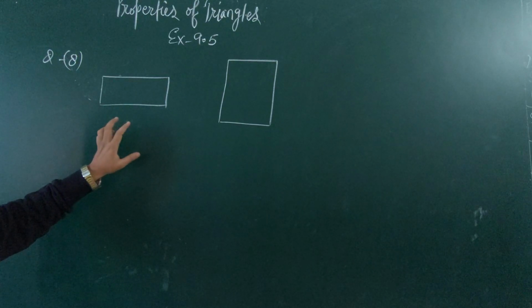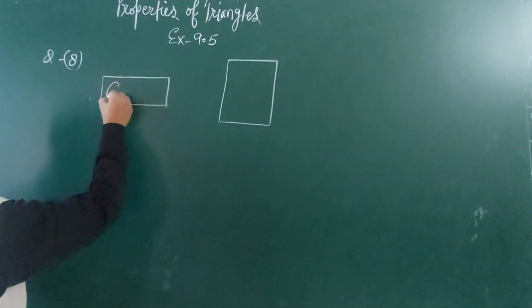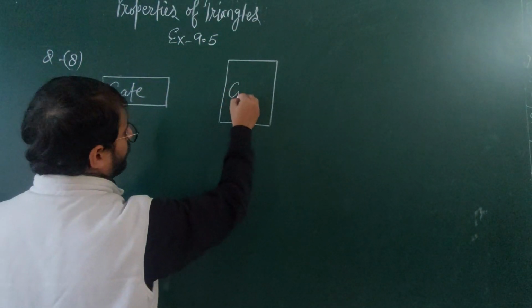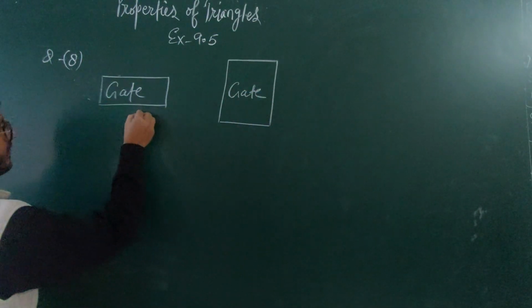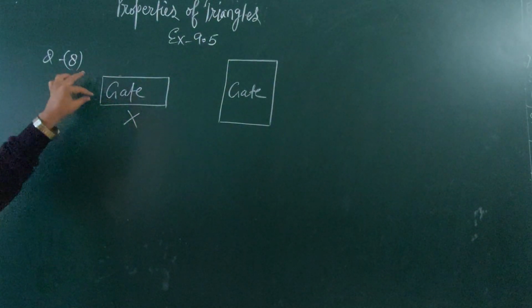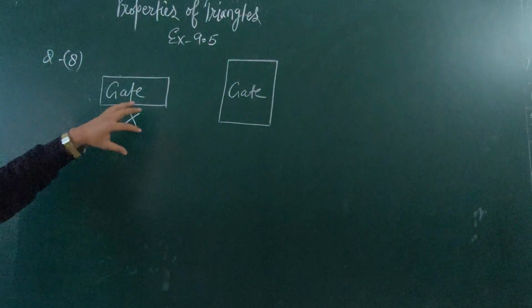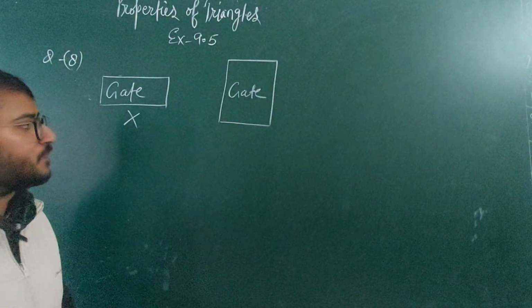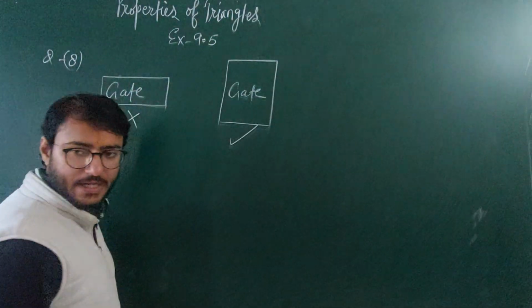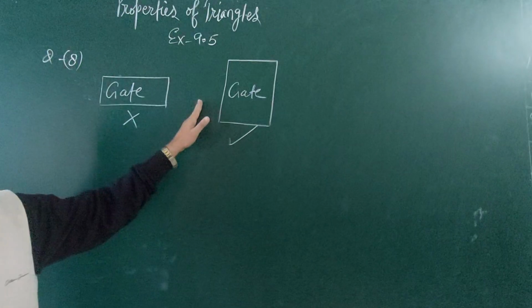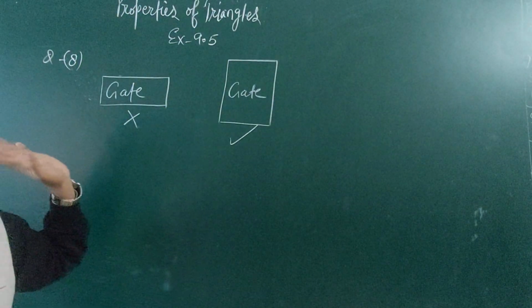This is not the form of a gate. Because in this question we are discussing a gate, so this is not a correct form of a gate where length is more than the width. We need height so that we can enter in the room. So this is the correct form of a gate. So we will do our question as per this diagram, not as per this diagram.